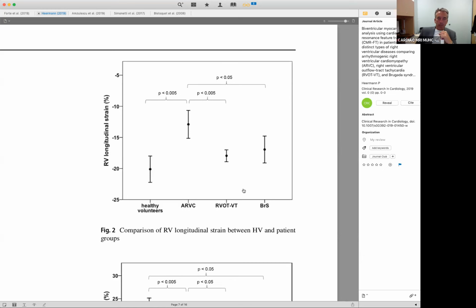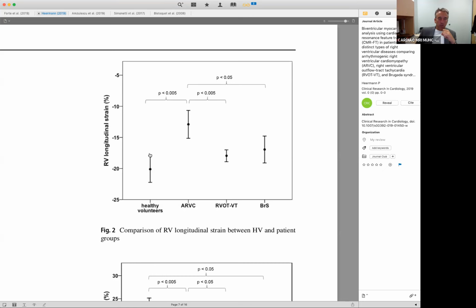One might also argue, yeah, because ARVC is defined by the criteria they used, the 2010 Marcus criteria, by a reduced right ventricular contraction. So no wonder that your longitudinal strain is reduced.